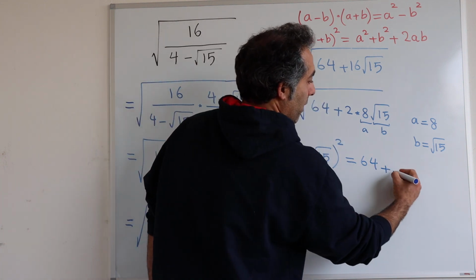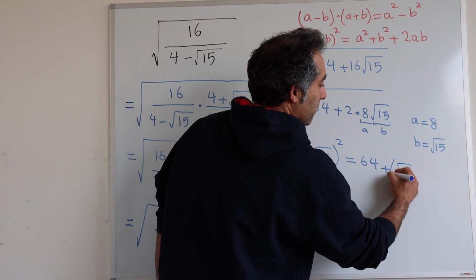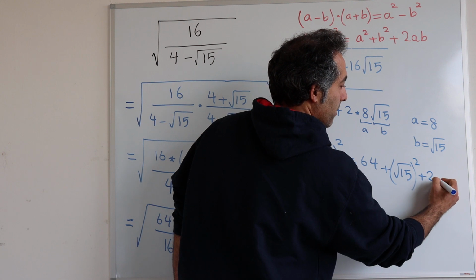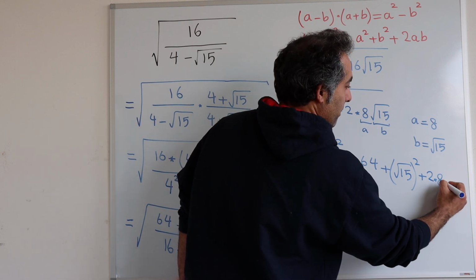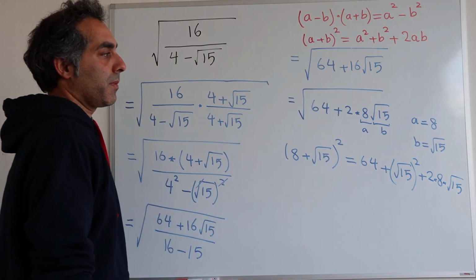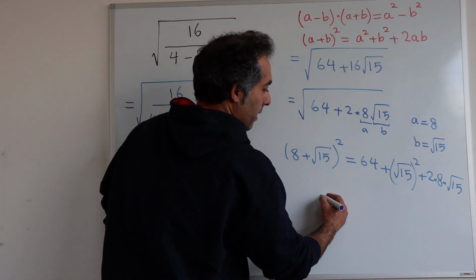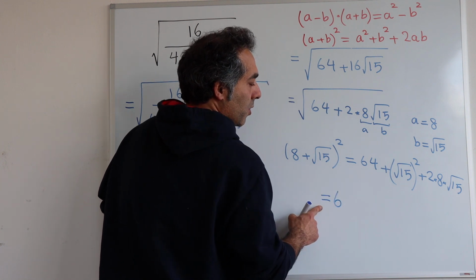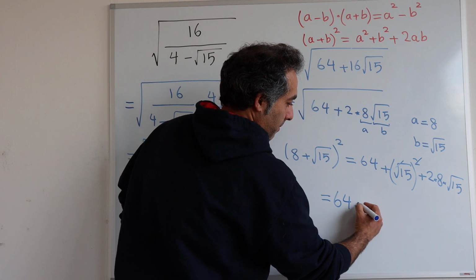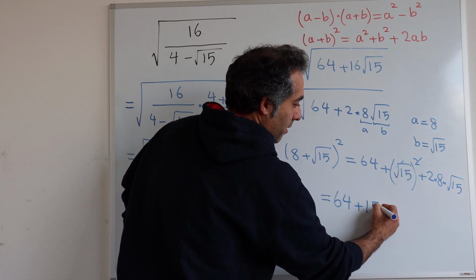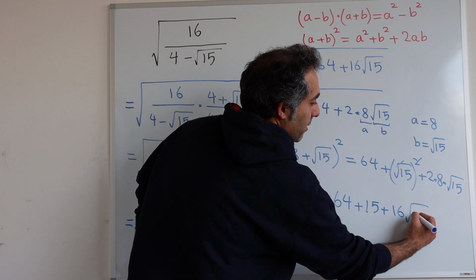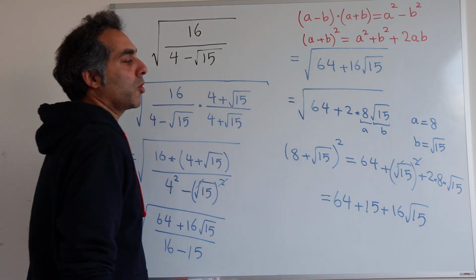Plus the second one squared, plus 2 times 8 times the square root of 15, which equals 64, and this one simplified is 15, plus 16 times the square root of 15.